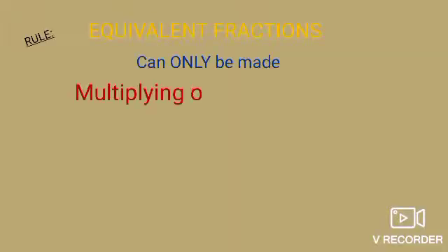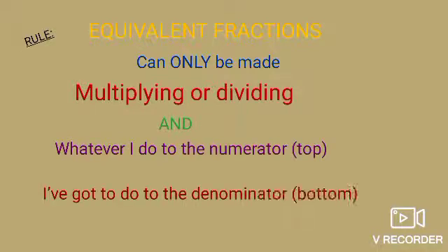So the important rule that you have to understand, students, is that an equivalent fraction can only be made by multiplying or dividing, and whatever I do to the numerator, that is the top, in the same way you have to do to the denominator, that is the bottom. This rule will help you to solve the problem set.